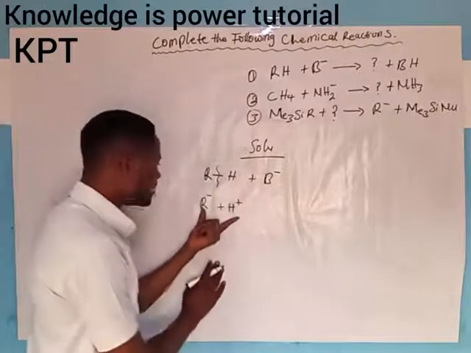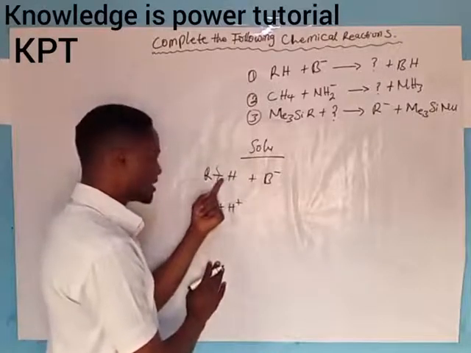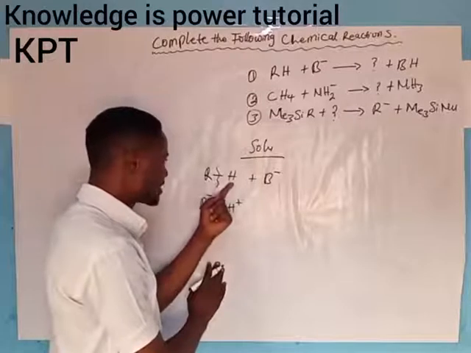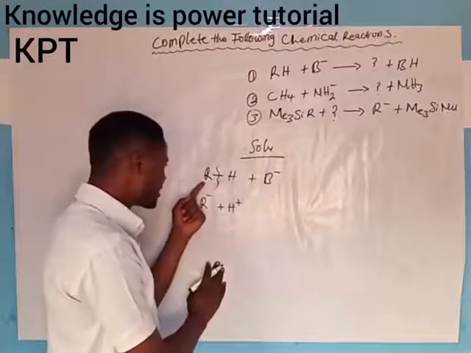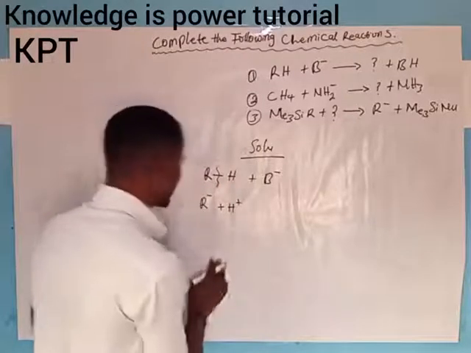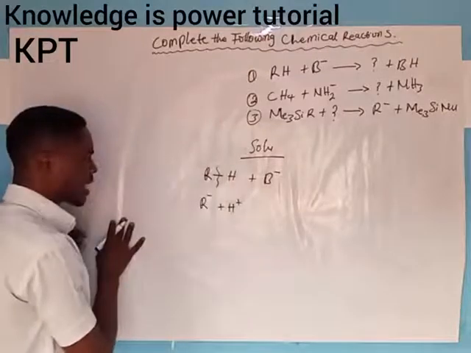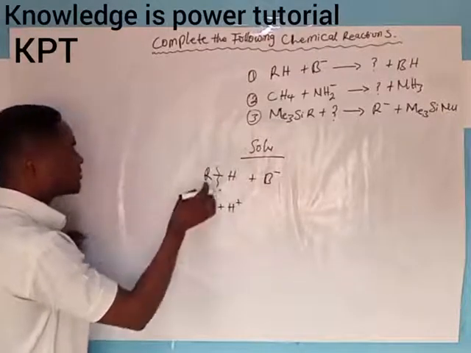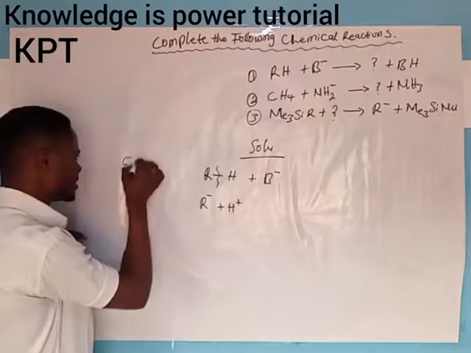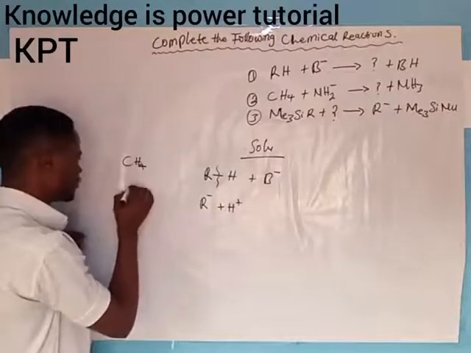So what it simply means is that this bond breaks heterolytically such that this hydrogen loses electron and this R gains electron. For instance, this R simply means alkyl group. If I take this RH to be methane, which is CH4, I'm going to have this.